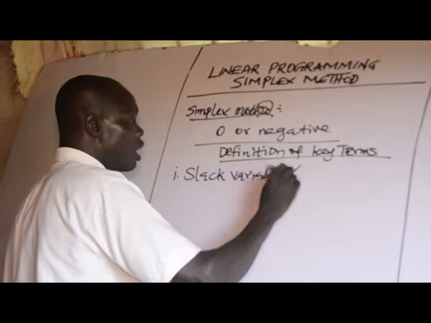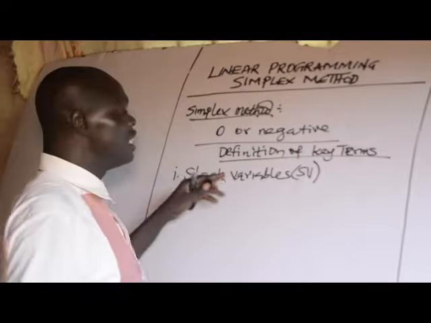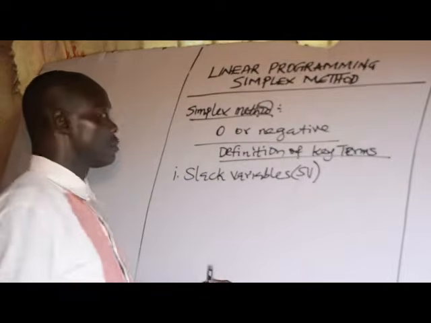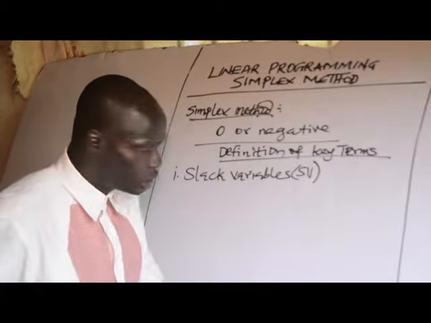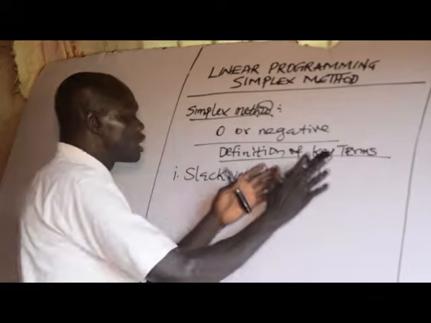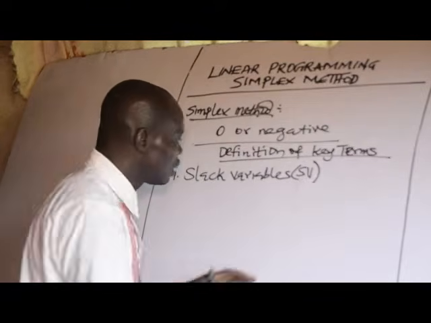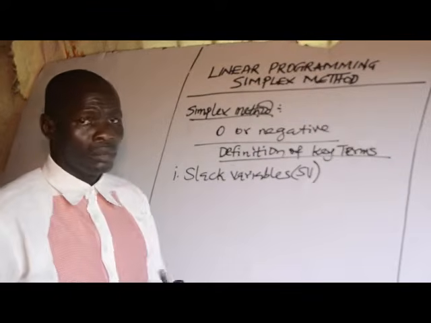Slack variables represent the unused capacity in the constraint, the unutilized resources in the constraint. The unused resources, unused capacity in the constraint, is said to be the slack variable.